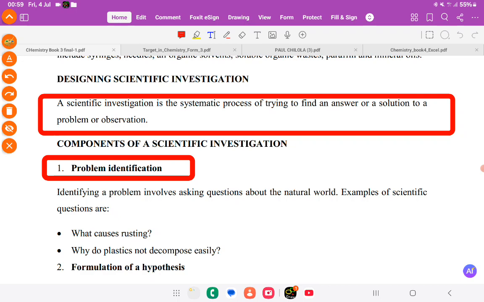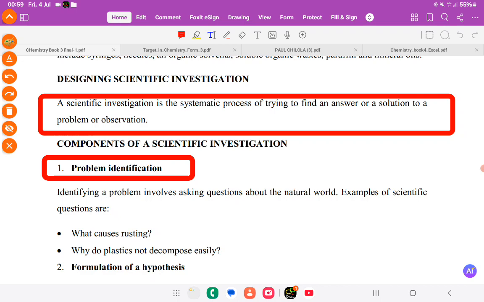When you have an iron nail, place it in open air, expose it to air, you find that something coats the metal, right? When you put the iron metal in the water, you find that the iron metal changes color. That's called rusting. So what causes it? So you carry out an investigation to find out really what the cause of rusting is.